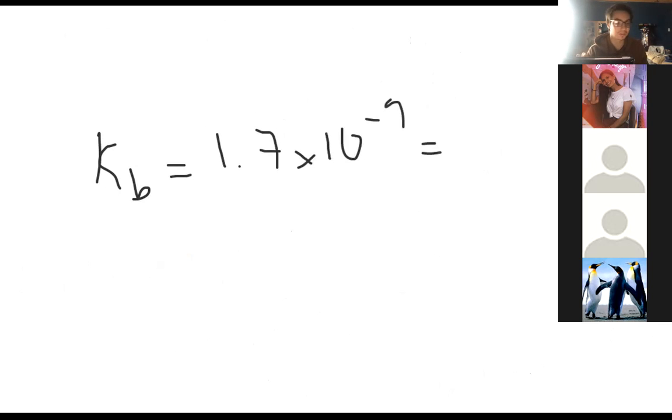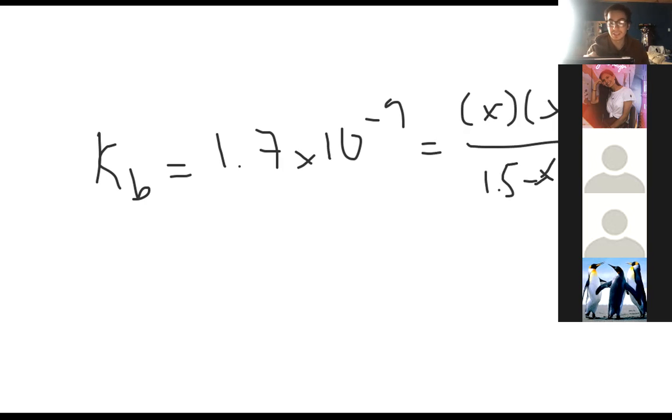If you read through right there, you'll see that in that ICE table we do minus x, plus x, plus x. Essentially, it's the same process as for Ka, but in this case we're using Kb. In that example, we have 1.7 times 10 to the negative 9 equal to x times x over 1.5 minus x.